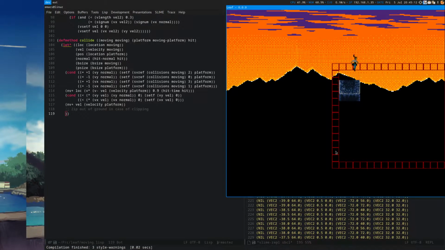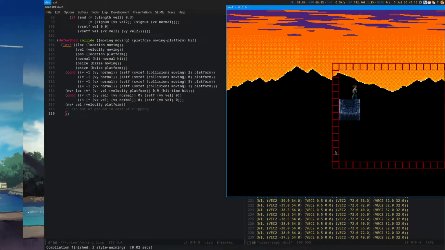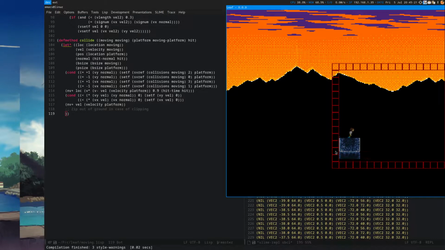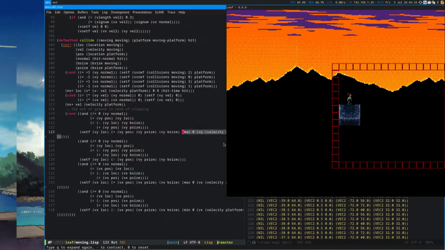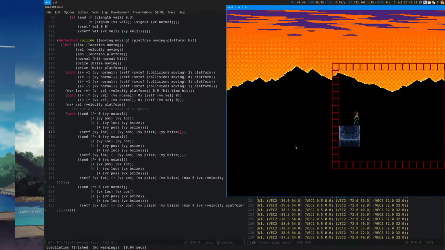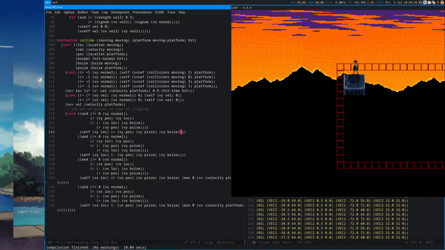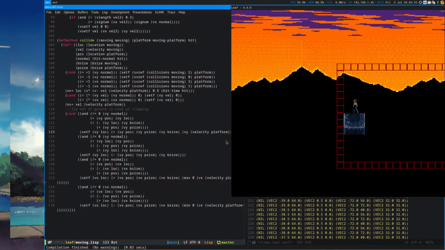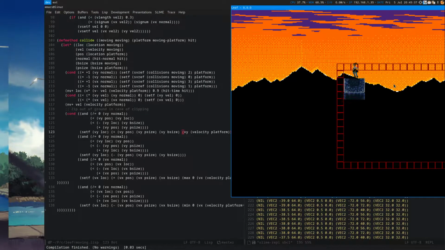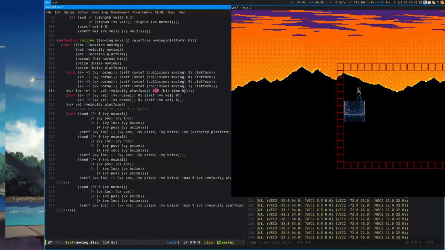Even if I remove zipping, zipping does not have anything to do with that. Okay, never mind. I guess things are still broken. I do think I don't need that anymore though. Or if anything, I need it like this. That does not seem to help. What if I remove this?